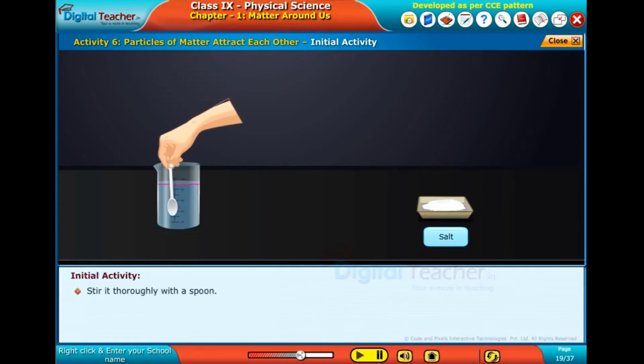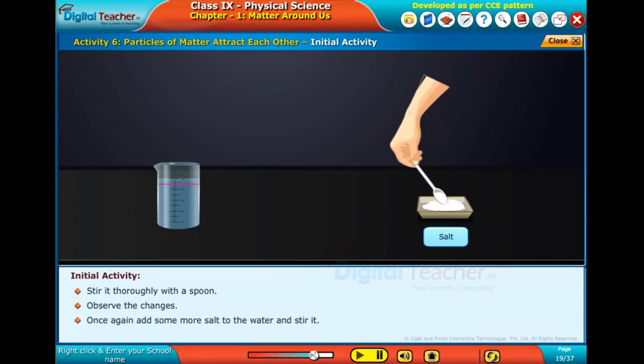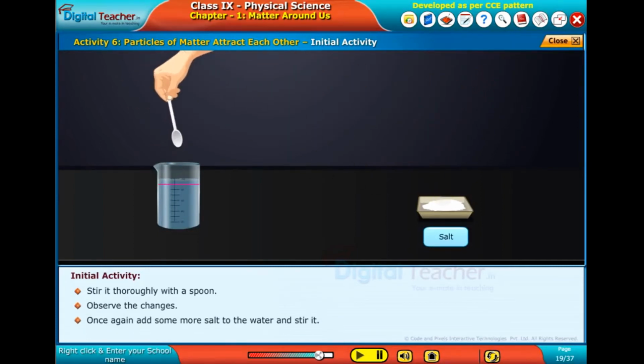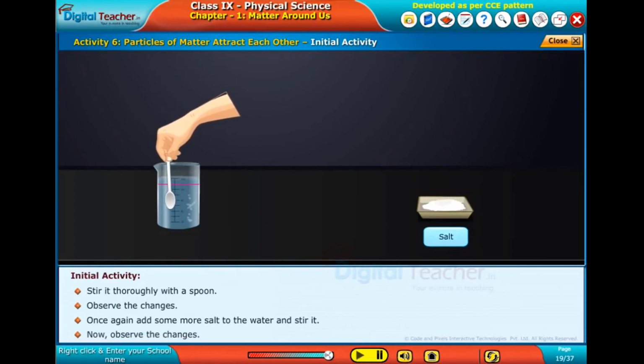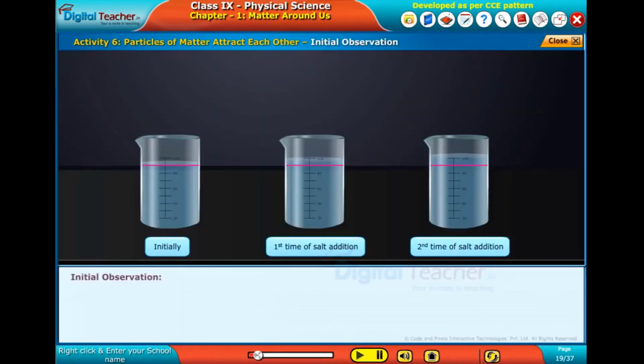Stir it thoroughly with a spoon. Observe the changes. Once again, add some more salt to the water and stir it. Now, observe the changes. Here, we find the changes in the levels of water.